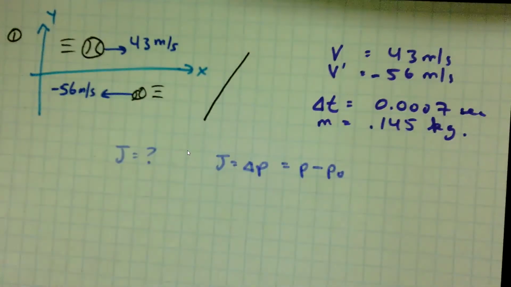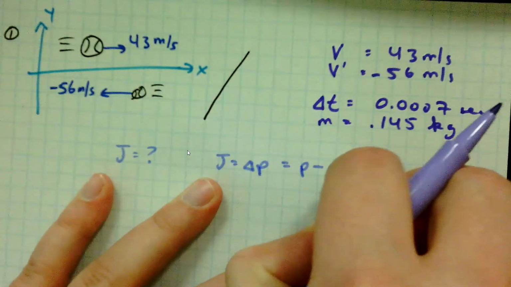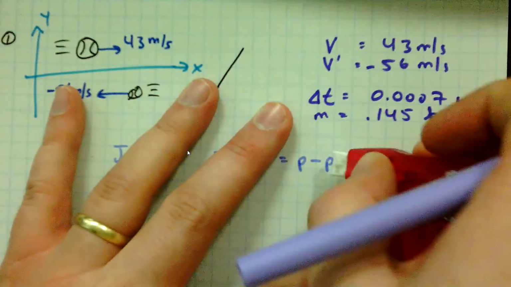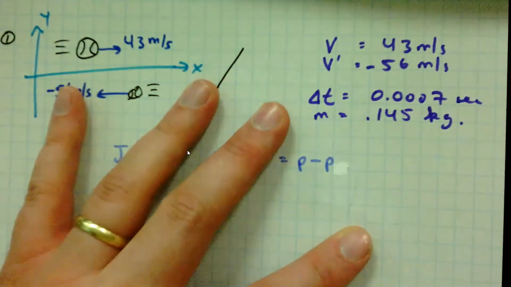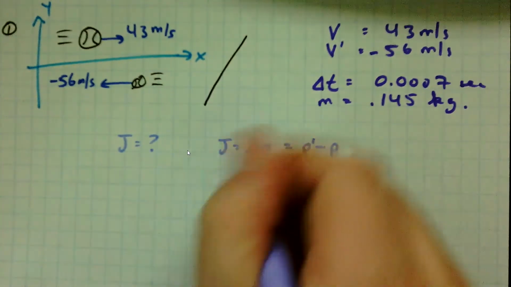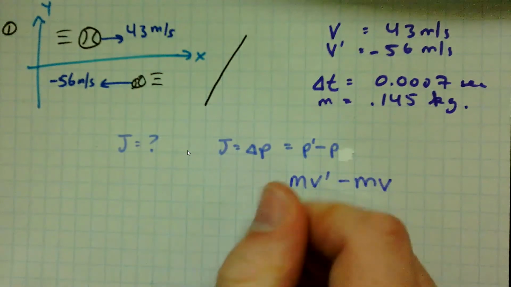Let me be consistent. Instead of P minus P naught, I'm going to use our new notation. I'm going to call it P prime minus P. So we would have MV prime minus MV.